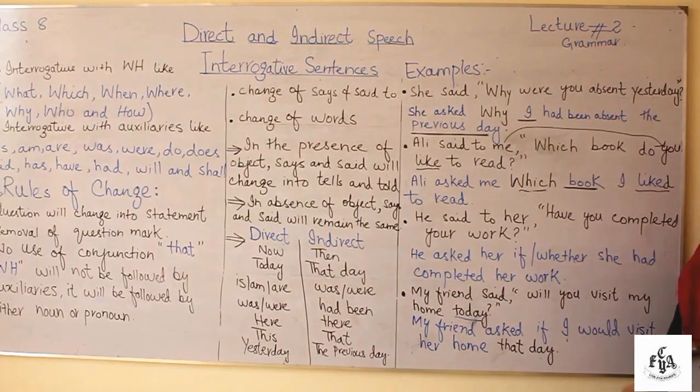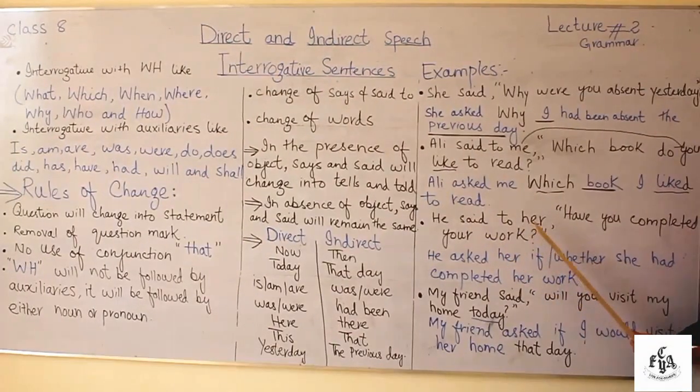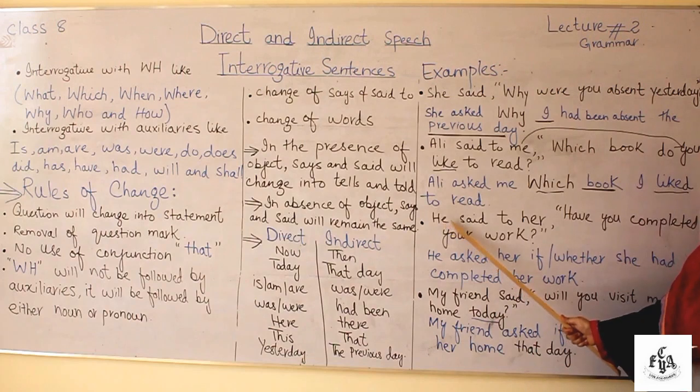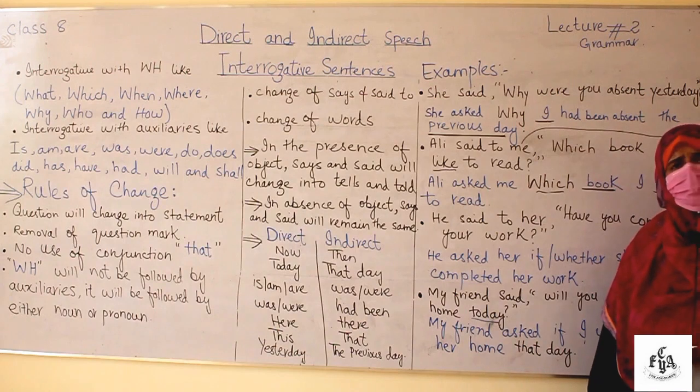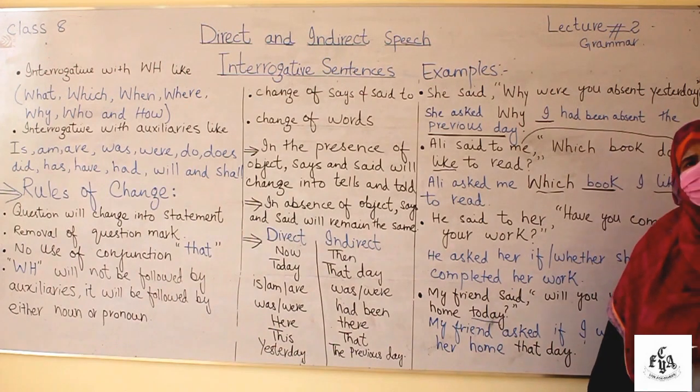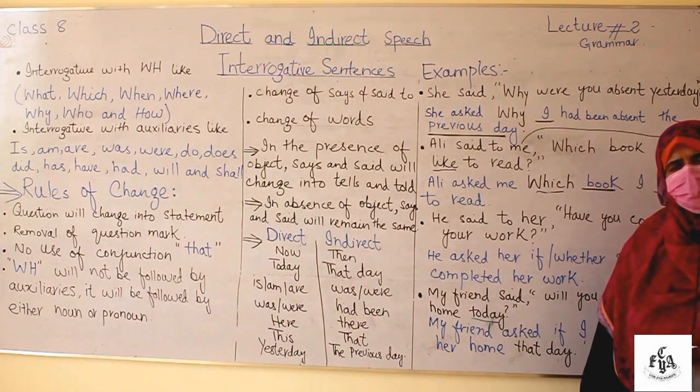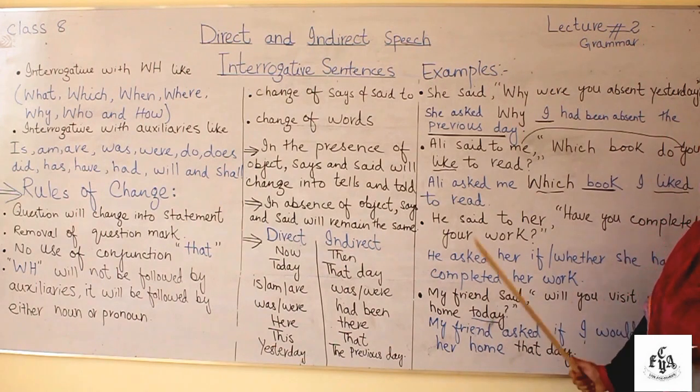For example, she said to her, have you completed your work? Here we are having, in the reporting speech, object plus subject, both of them. First we have to observe which tense it is. As you already know, it is present perfect tense.